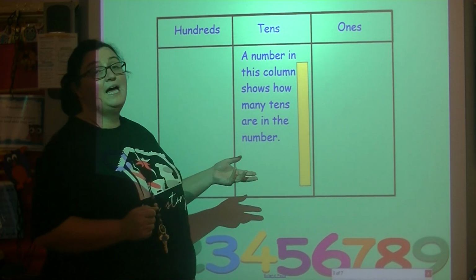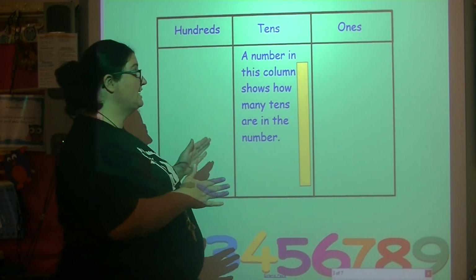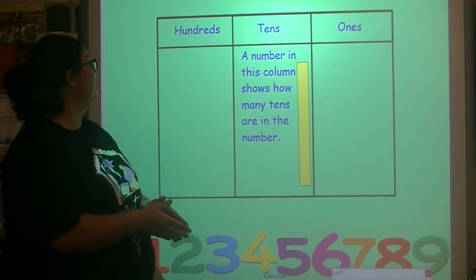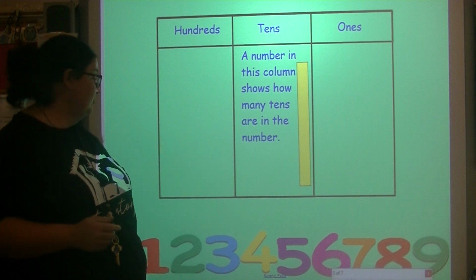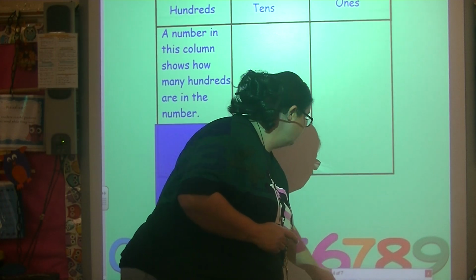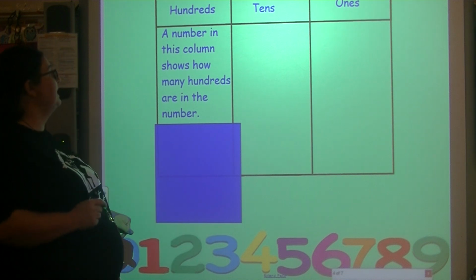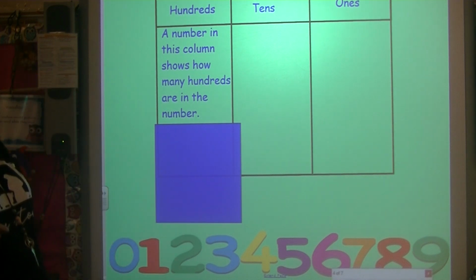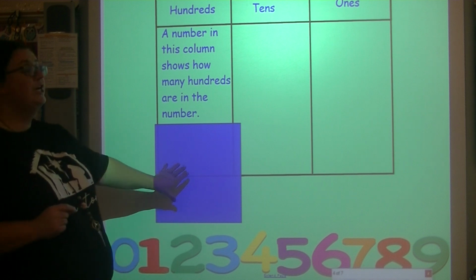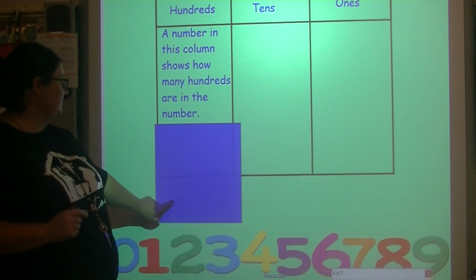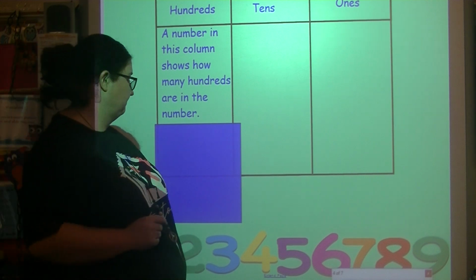Once we get to 9, when we get that 10th one, we have to bundle them together and make a group of 100. Here's your big 100 flat. A number in this column shows how many hundreds are in a number. They look like the big flat ones.